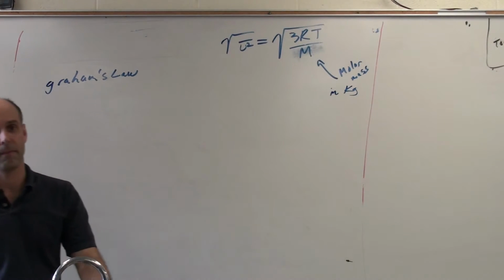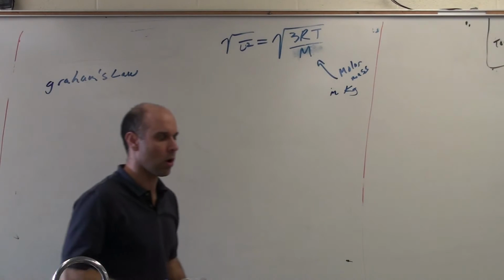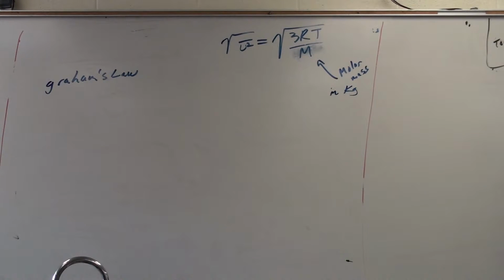Yep. So for R, do you use 8.31? Almost always you use 8.31, except for one, I'm trying to remember what chapter that was, where we had to use 0.0821. You can use 8.31 for the ideal gas law. I thought it was the equilibrium constant.